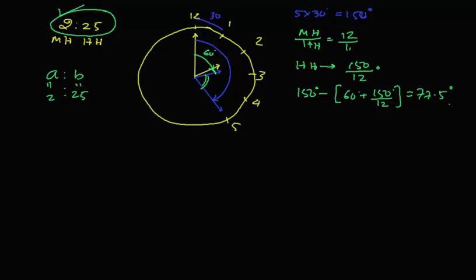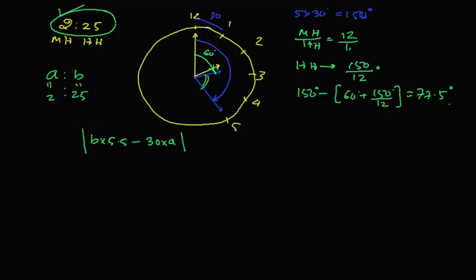The angle between the minute hand and hour hand will be given by B into 5.5 minus 30 into A, and take the mod of it, because the angle should always be positive. Sometimes we'll get negative also, so the mod will give you the positive angle.